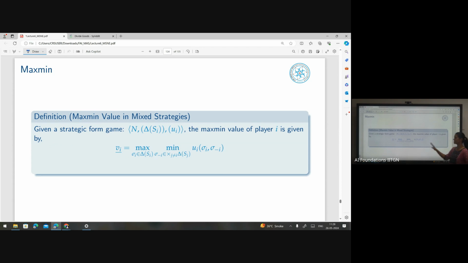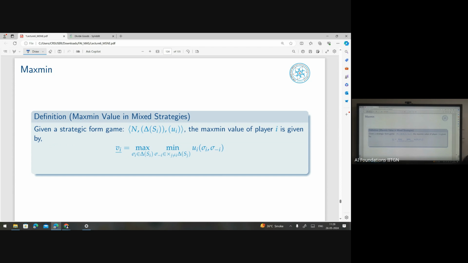So this is the max-min value in mixed strategies. It's almost the same definition, it's just the space that we are searching is different, and that makes a lot of difference. That also tells you why, if you were just searching in pure strategy space... the idea is that having mixed strategies helps the existence of the equilibrium concept.